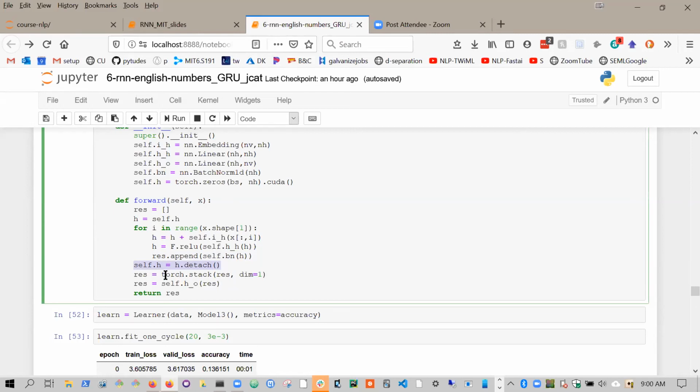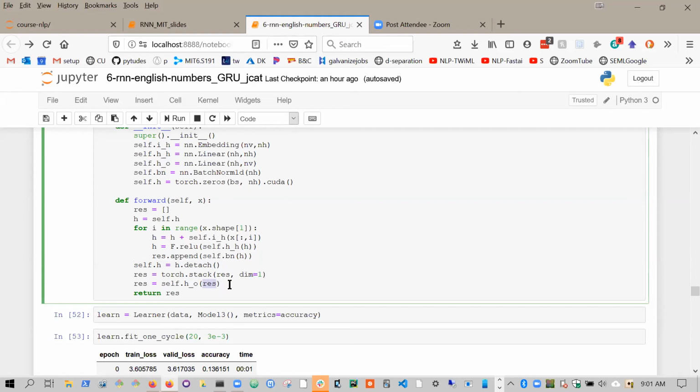Let's see, self.h, result equals torch.stack. So this is the output, and intuitively it's the following: for every line you compute the h and you want to continue to do the BPTT, which is backpropagation through time, for 70 tokens.